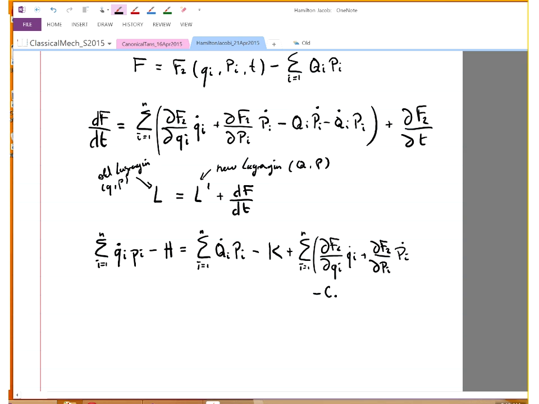Still inside the sum, I have minus capital Qi Pi dot minus capital Qi dot capital Pi. That's the end of the sum. And then plus ∂f2 by ∂t.